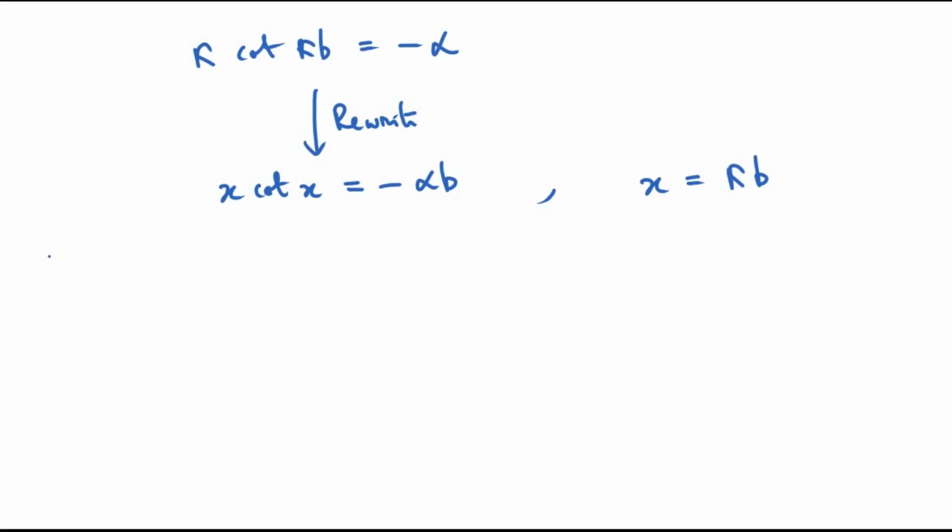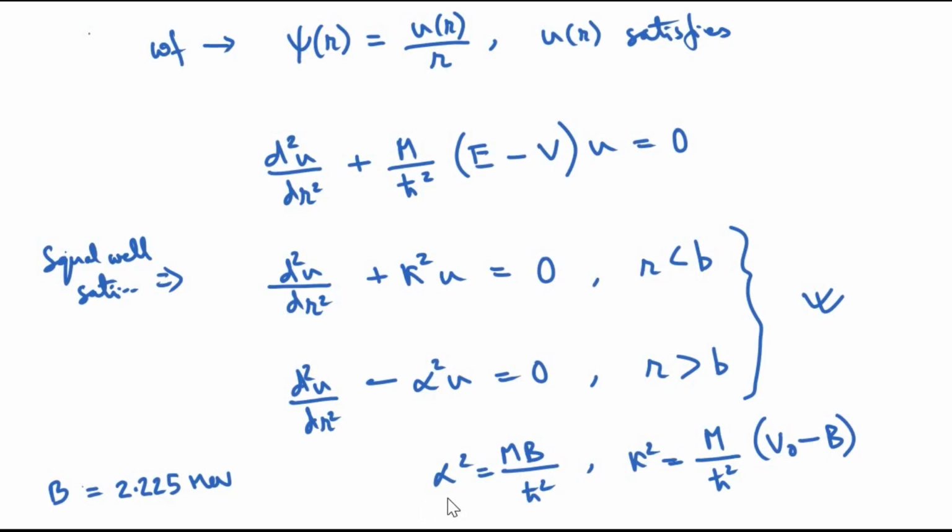Now you see, we already know, what do we know? That B is of the order of 3 Fermi meter. Also we know that capital B is equal to 2.225 MeV. Okay? So, the value of alpha square is m B by h cross square, right?